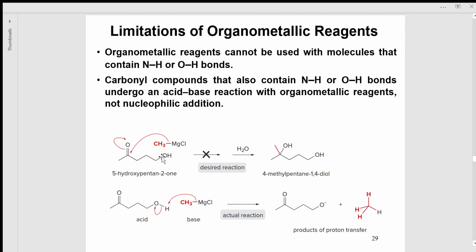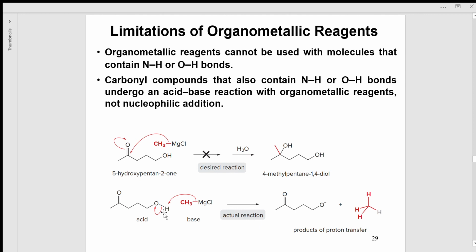Instead, it's going to react with the alcohol first, because this is a strong base. This is a weak acid, but the reactivity of this alcohol is much stronger than the carbonyl carbon. So if we do this reaction, we will have this product. This would be the final product.